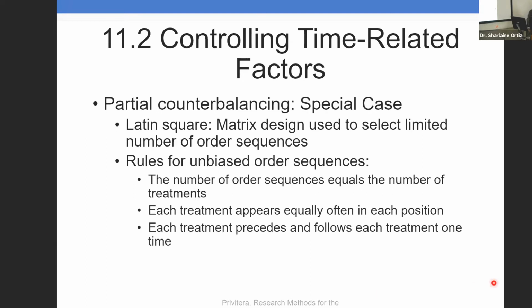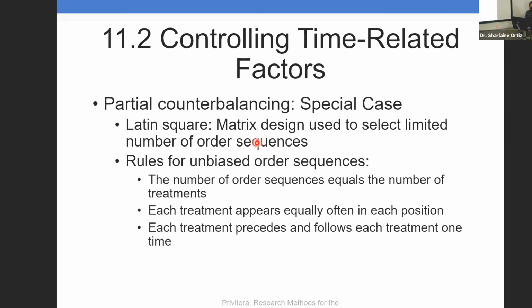Fantastic. Now we do have some special cases. We do have some special circumstances, and that is when we have a Latin square. A Latin square is simply a form of partial counterbalancing procedure, and it's generally used to select an unbiased set.